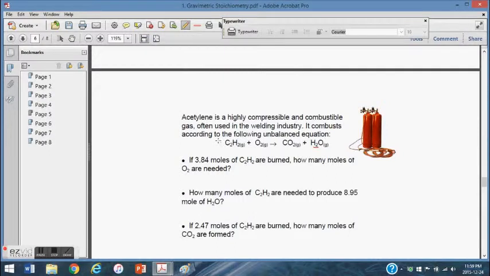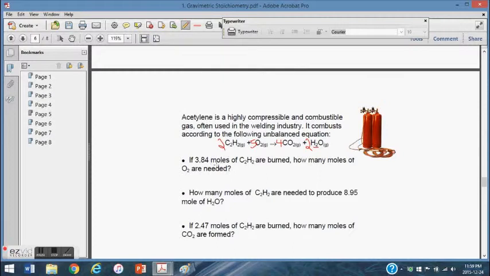That's not going to work. So I need 2 of these, which means I need... Now I've got 4 hydrogens, so I put 2 here. Now I've got an even number of oxygens. That makes me happy. I've got 4 carbons, so I need 4 CO2s. And now I've got a grand total of 8 plus 2 is 10 oxygen atoms, so I need a 5 here.